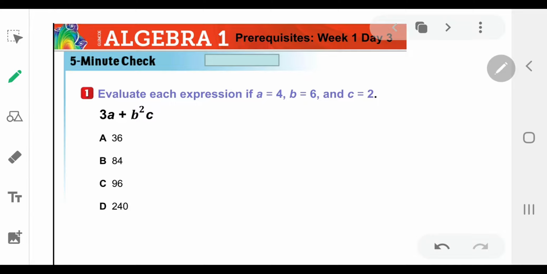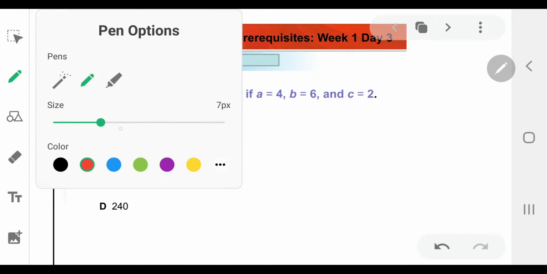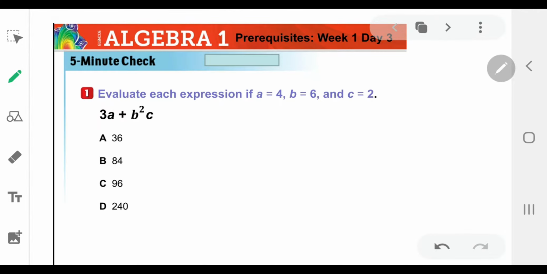The given expression is 3A plus B squared times C. Now, let's replace A by 4, B squared, which is replaced by 6 squared, times C, which can be substituted by 2 because the value of C is 2. I did the first step, which is replacing each variable by its value. I just did the substitution part.